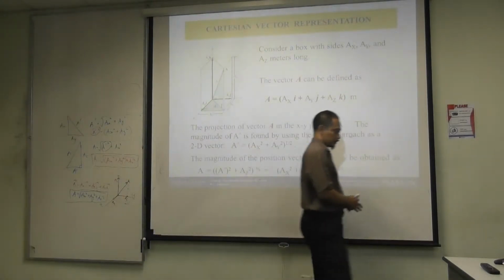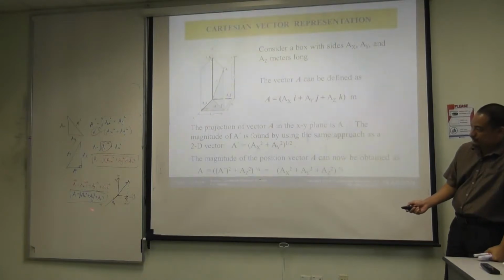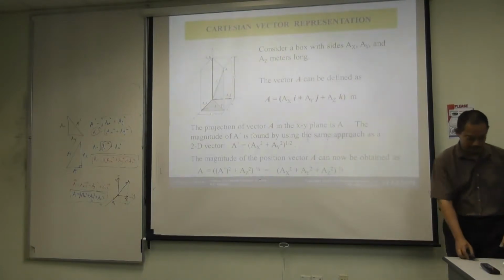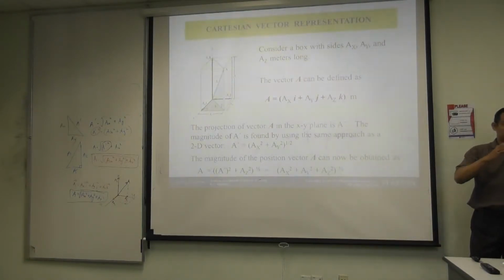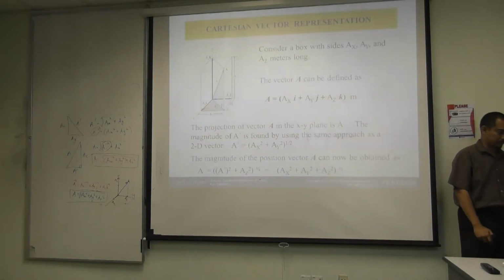Any questions so far? So that's how to get from the vector to the magnitude. Just like in 2D, when we have the xy components, we want to find the magnitude and angle. Similarly in 3D.